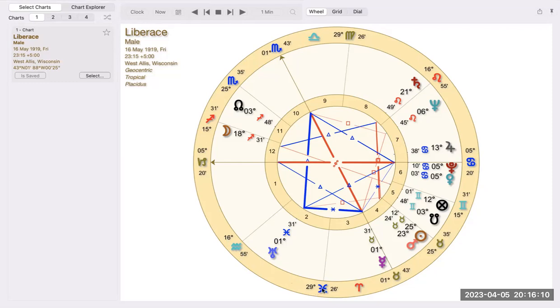His third house cusp is Pisces, which is ruled by Jupiter, who's sitting in his 7th house. His 4th house cusp, right? Sorry, can I just interject for 1 second?